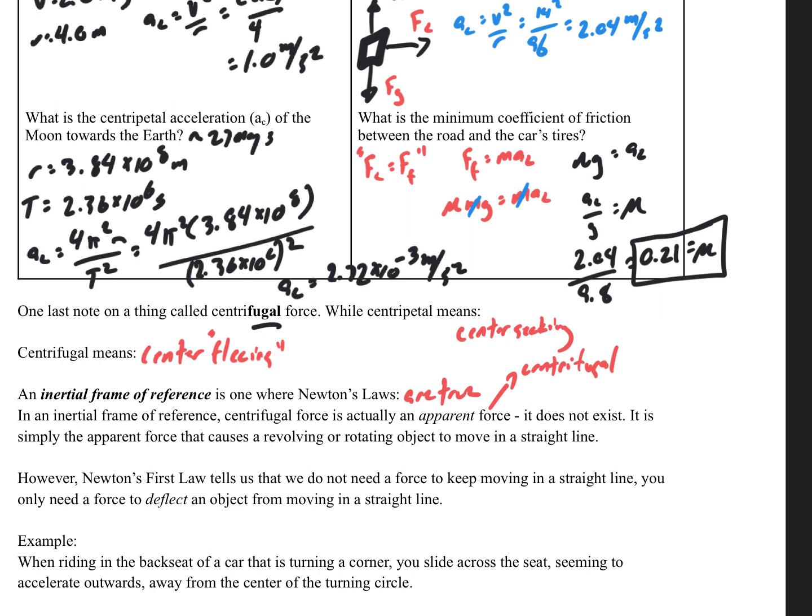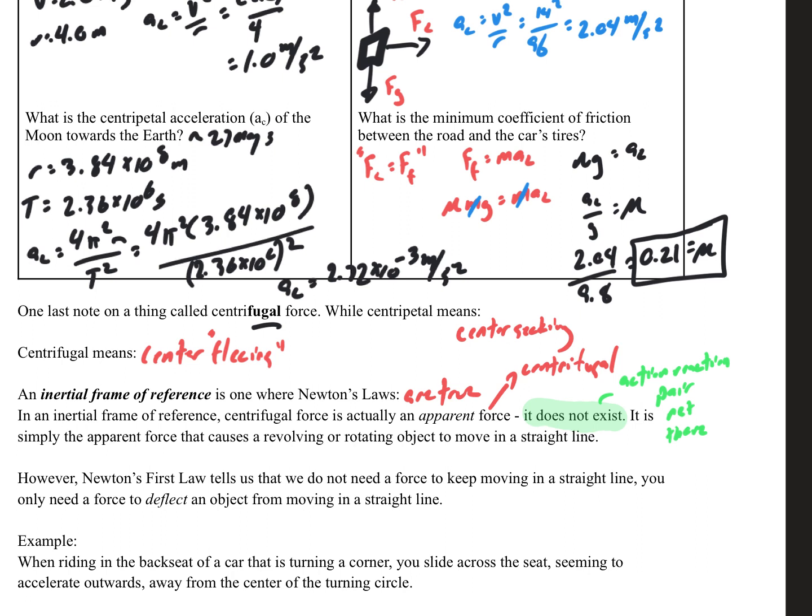The reason it does not exist, and I'm going to highlight this part right here, is that it doesn't have an action-reaction pair. Because it doesn't have an action-reaction pair, it technically does not exist.